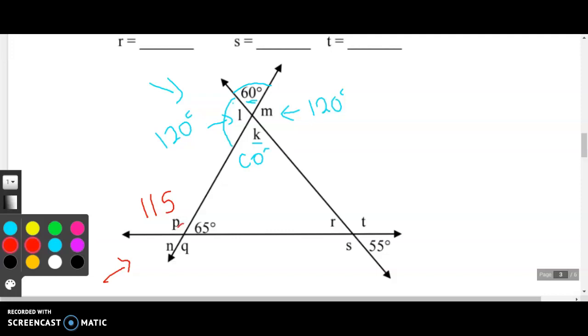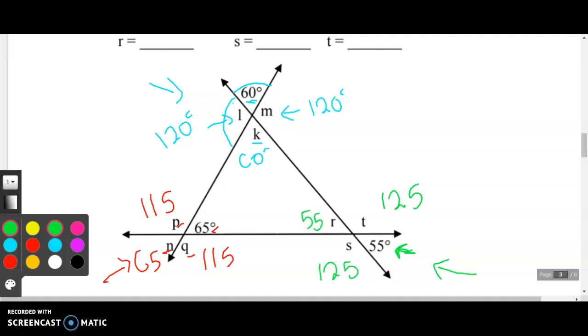I know that P is vertical to Q, so Q is also 115, and N is vertical to 65, so N is 65. And then finally, we'll go down to the bottom right, where if this is 55, then I know the adjacent angles are going to be supplementary. 55 plus what equals 180? 55 plus 125. So that means that T is 125, S is 125, and R, since it's vertical, is 55 degrees.